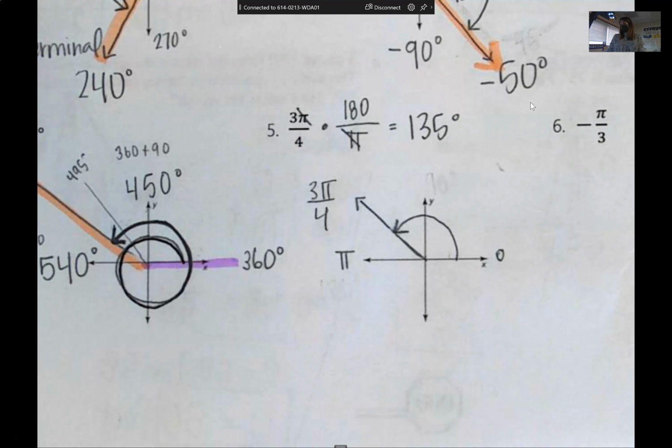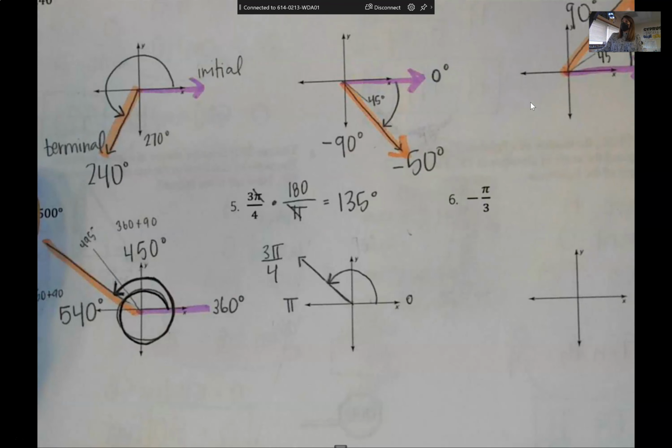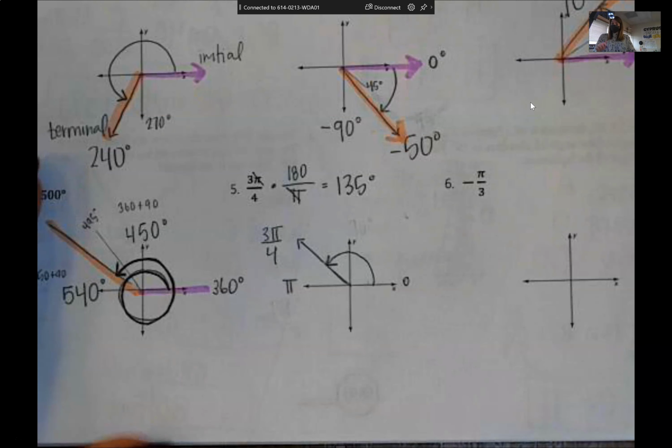So you guys try number 6 without me. So he's negative, make sure that you go the other way.